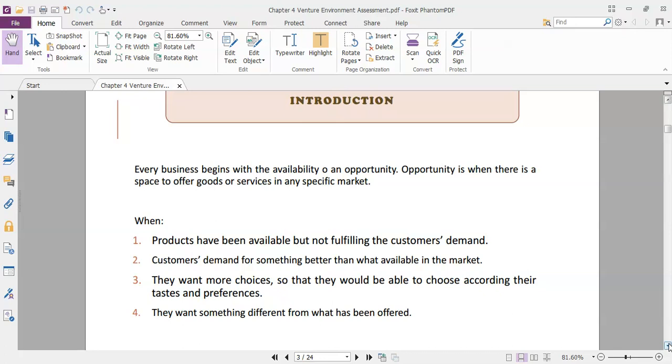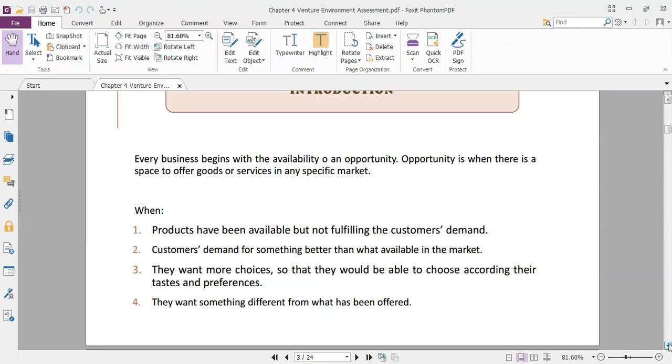The same goes for burgers. Every person or customer has their own preference. So that's why it will trigger opportunities, or peluang, for new businesses. They want something different from what has been offered.